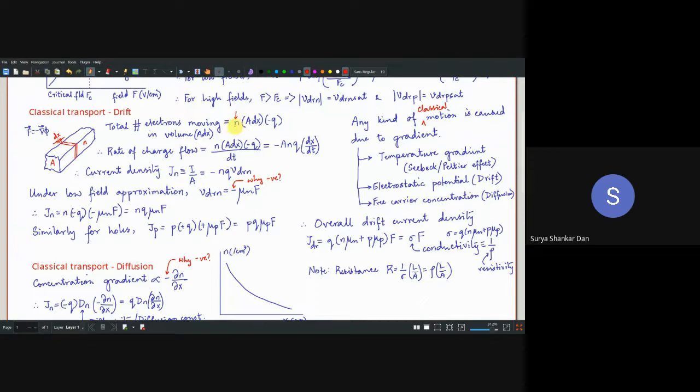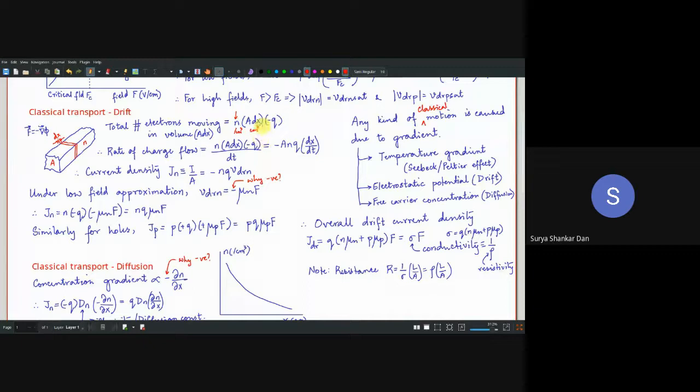The gradient will be dn/dx. So its unit is per centimeter cube, as usual. A is centimeter squared and dx is centimeter, so A dx is centimeter cube.